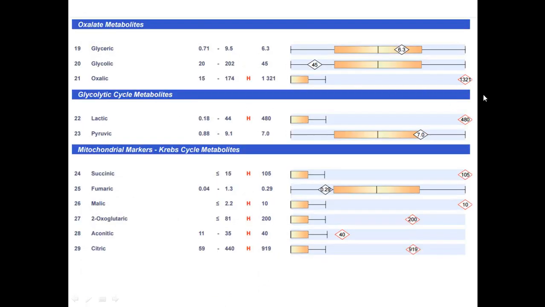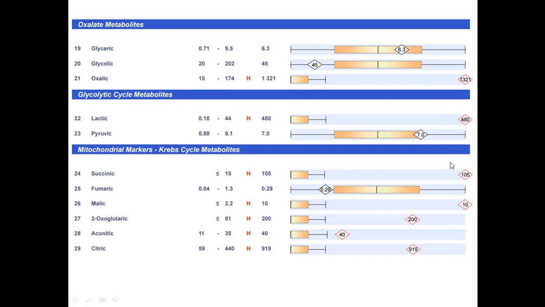Oxalates were extremely high, as you can see, 1,321. I don't think I've seen an oxalate level higher than that since this patient. And then her lactic acid, again, I have not seen a lactic acid this high. It was 480. This little girl was not smiling because she was sore and she was in pain and unable to tell anybody.